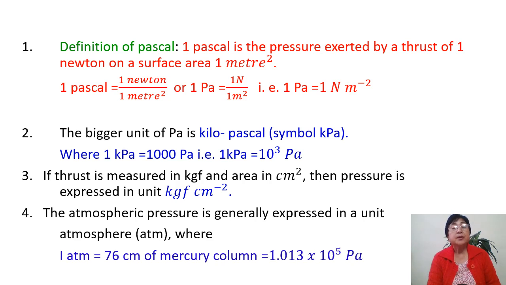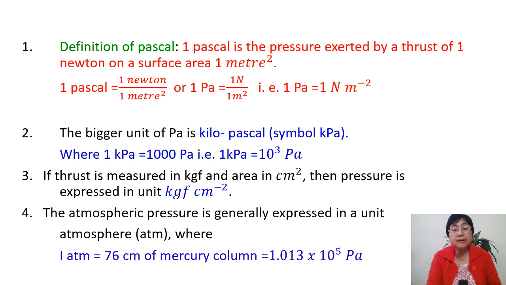All right, mercury column, because the atmospheric pressure is measured with the help of an apparatus called a barometer, and barometer is usually expressed in terms of mercury column. So 76 centimeter of mercury column.